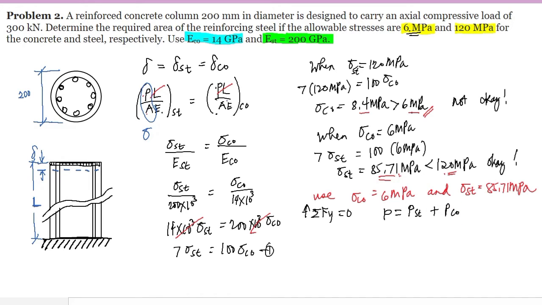But the load is given, and the load here is equal to 300 kN. So this 300 kN will be acting here.